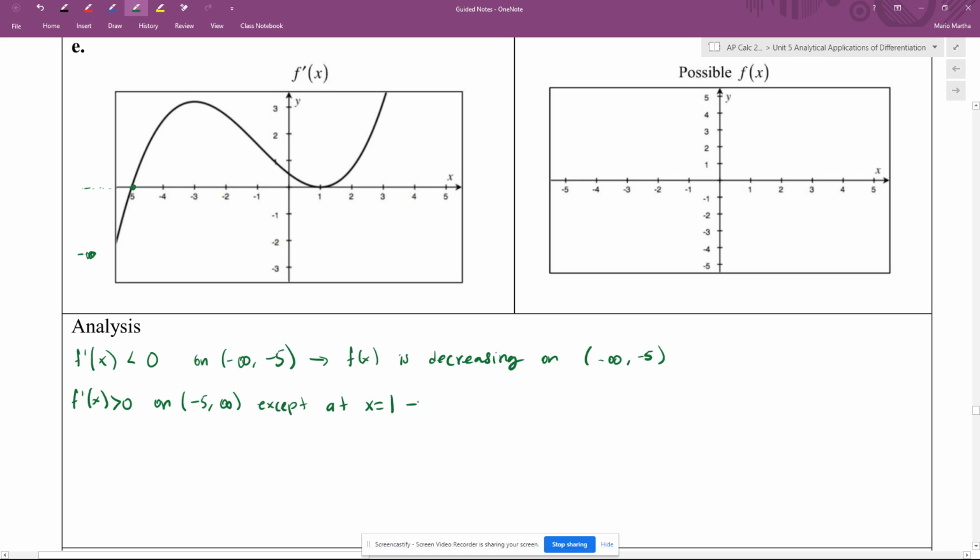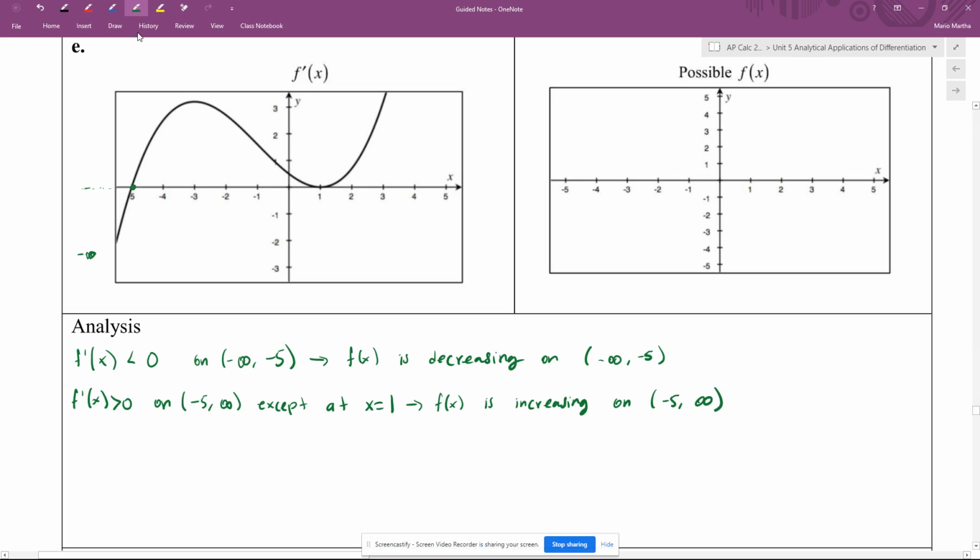So that means that f of x is increasing on the interval from negative 5 to positive infinity. And now there's no more we can do with the graph of f prime of x.